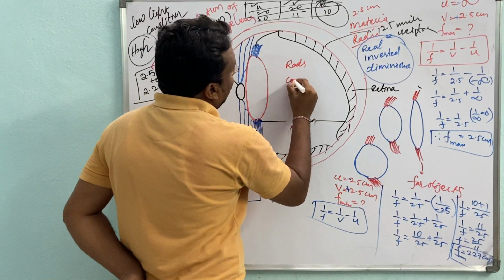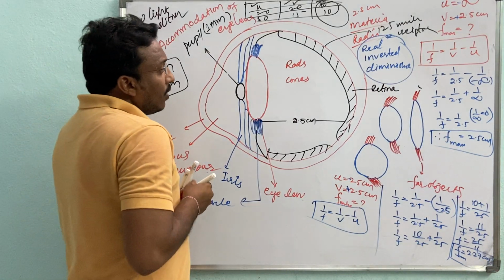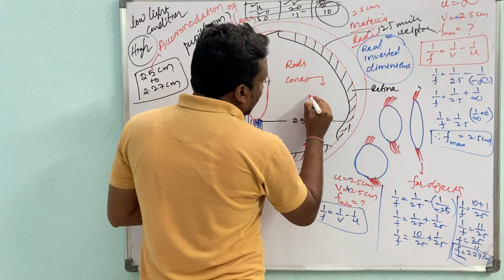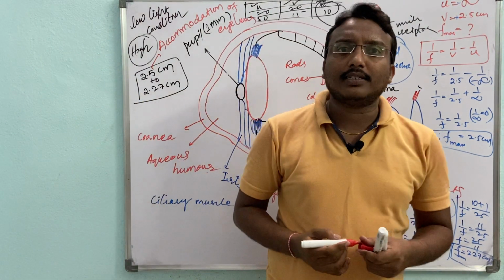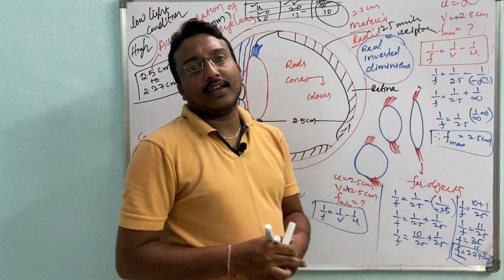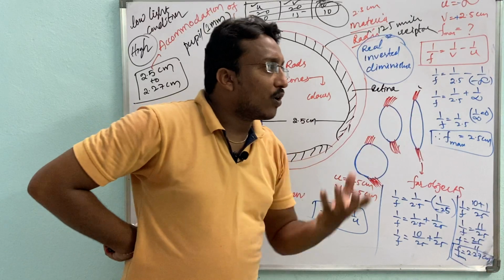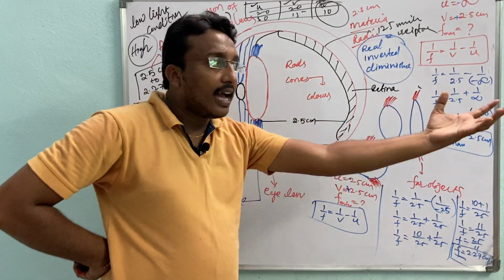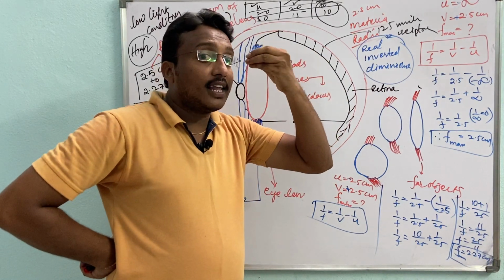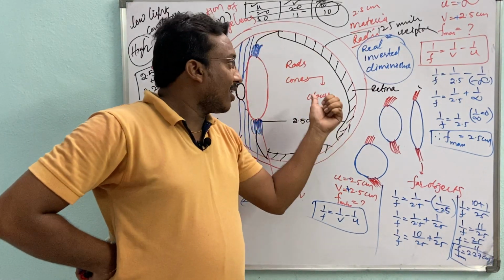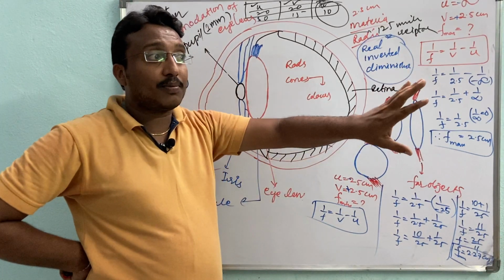Rods and cones, right? Here, cones are sensitive to color. We can see the different colors in our day-to-day life. The light reflected from the object we are focusing on falls on our eye. When the light falls on it, the cones are sensitive to the colors present on the object.